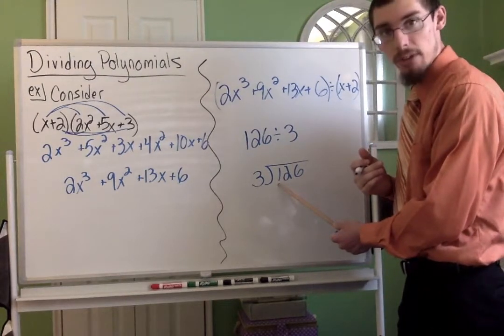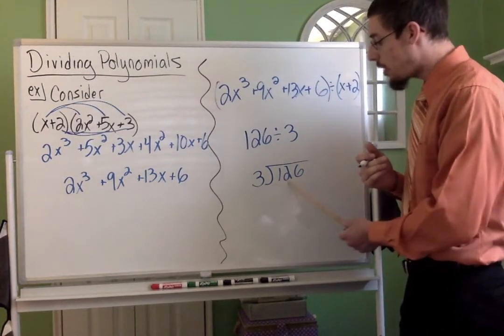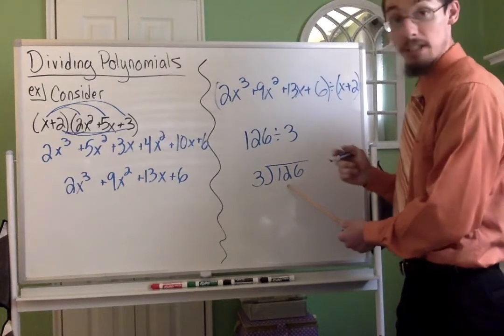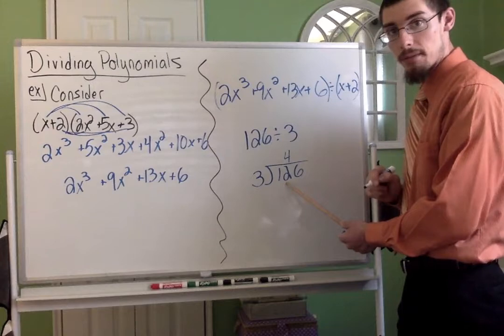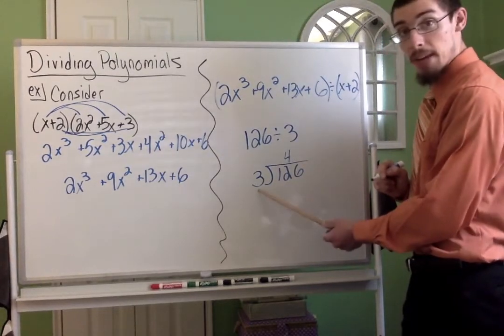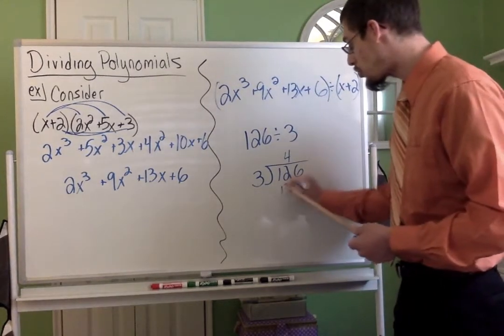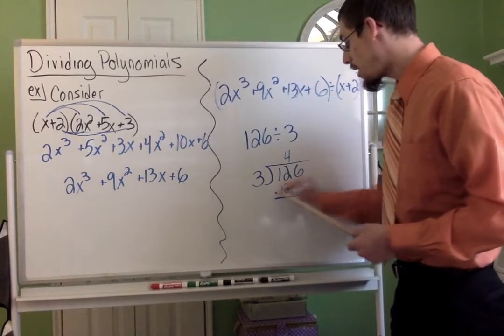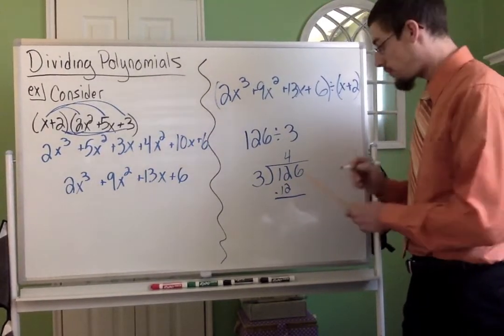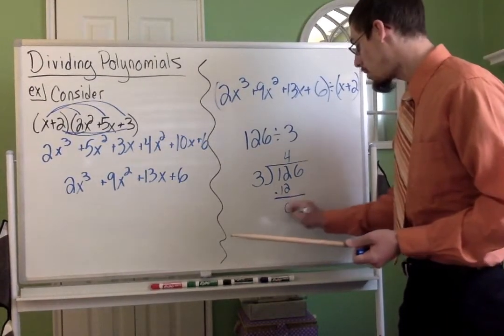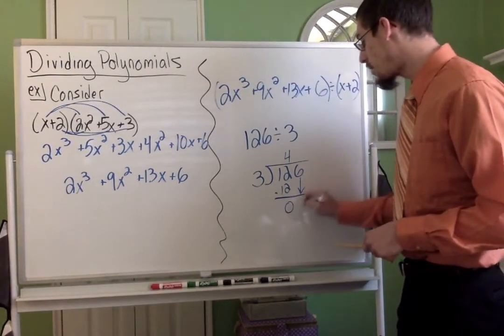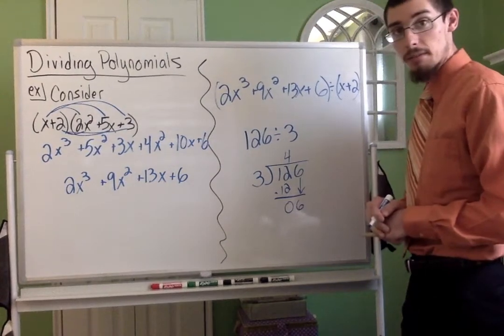And then I start thinking like, okay, does 3 go into 1? It does not, right? Does 3 go into 12? It does. 4 times, right? And then you do 4 times 3 to get 12, and then you subtract, right? You do 12 minus 12 gives you 0, and then you bring down the 6.